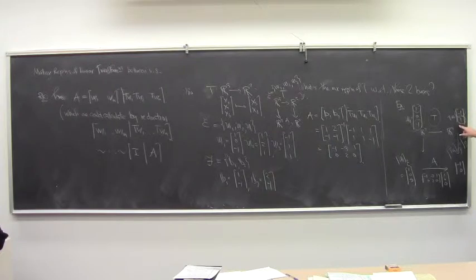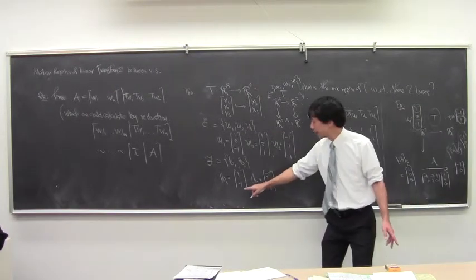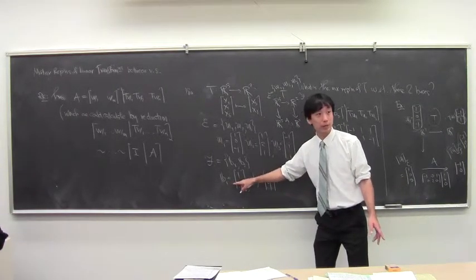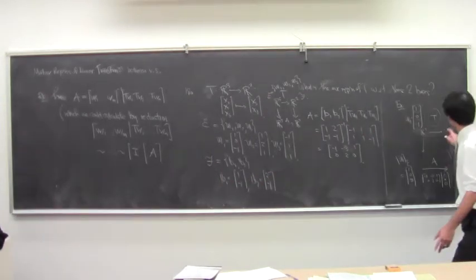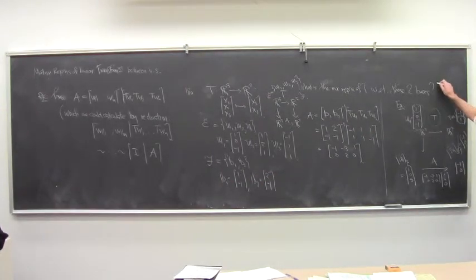Well, what's -1, 1 with respect to the f basis? It's negative of the first guy. This -1, 1 is -1 times b1 plus 0 b2, so the coordinate vector of this thing with respect to the f basis is -1, 0.